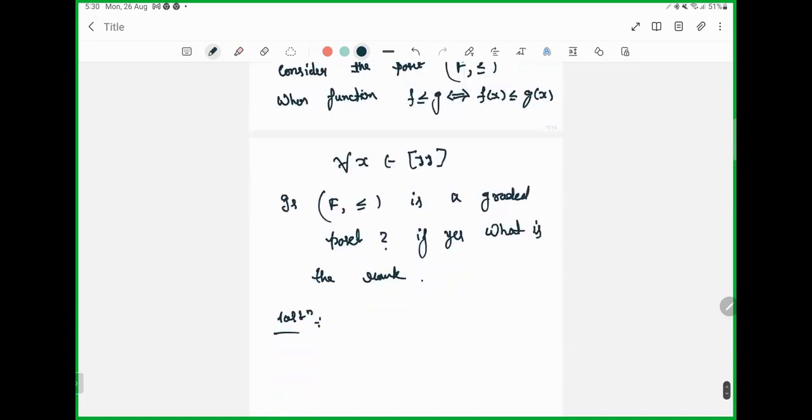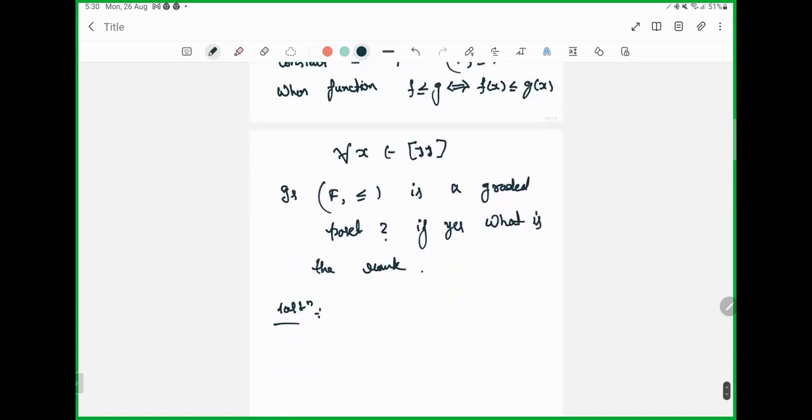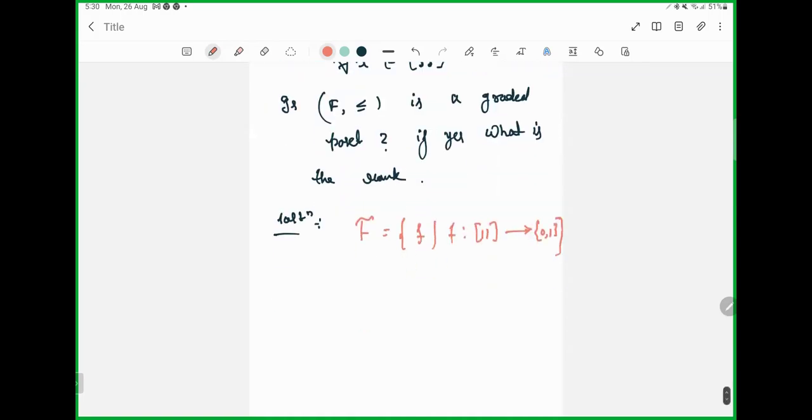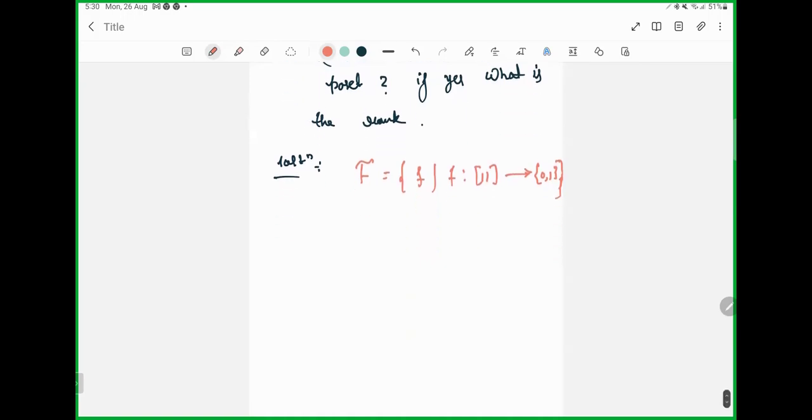So capital F is the set of all functions, right? So let's write it down. Capital F is the set of f such that f maps 11 to 0, 1. F is in this set, right? So we have been given the ordering of these functions, and any function here can take value either 0 or 1.